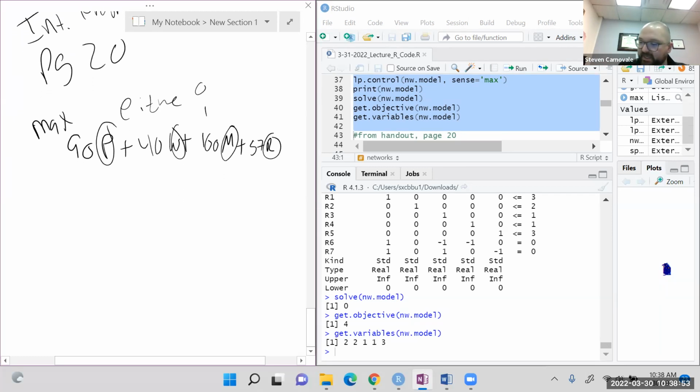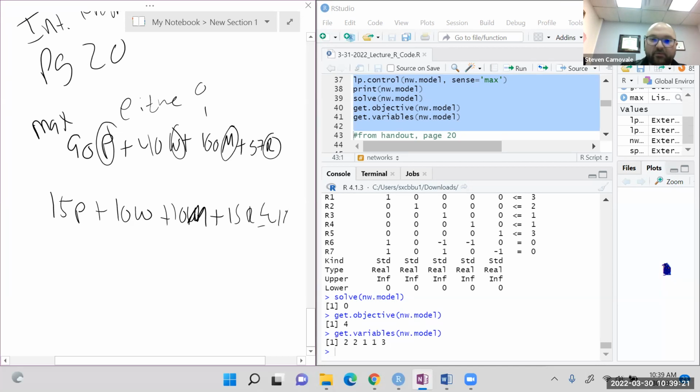The constraints correspond to the capital that's available per year. So if you look at year 1, you've got 15 P plus 10 W plus 10 M, machinery, plus 15 R, less than or equal to 40.